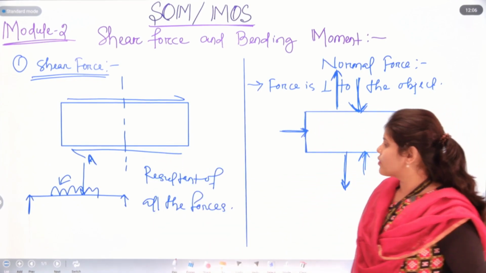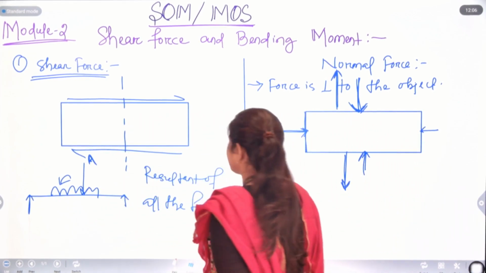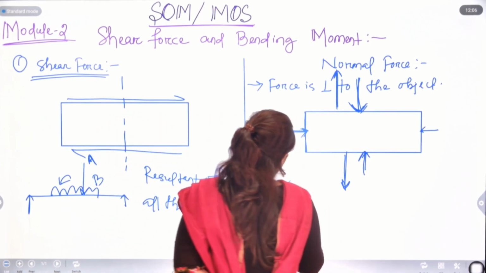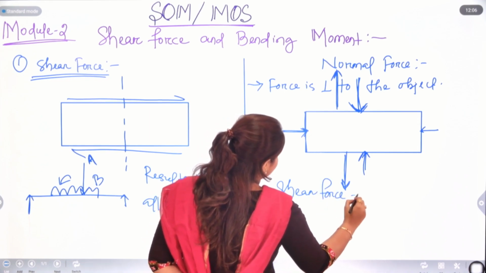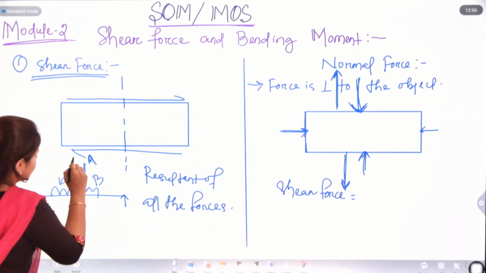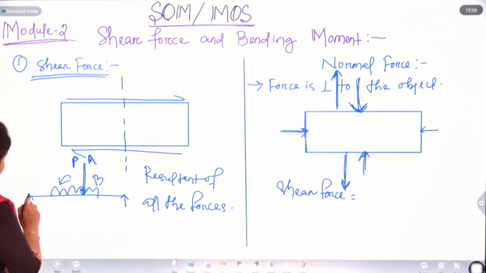There will be no difference if we add the point load A and let us take it B. So, the shear force will be the calculation of point loads, let us take it as P, at a certain side.